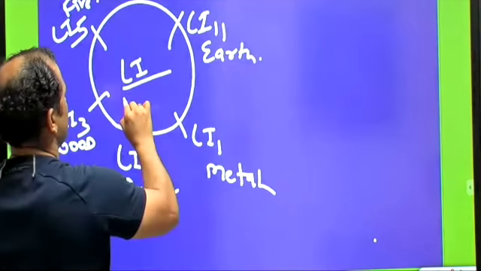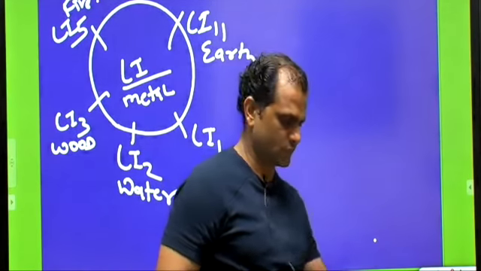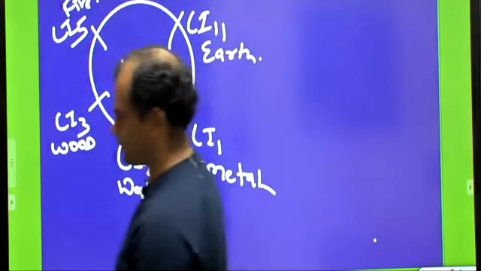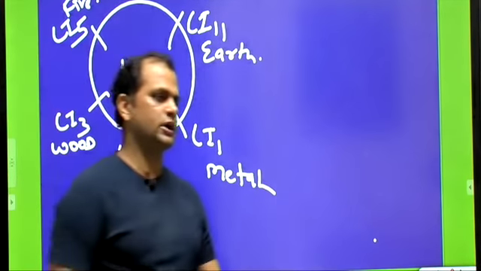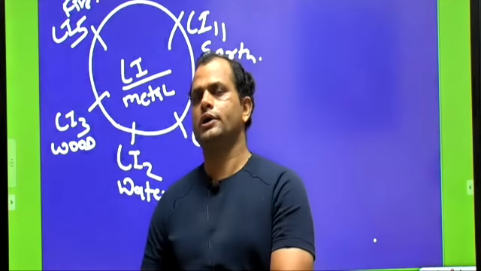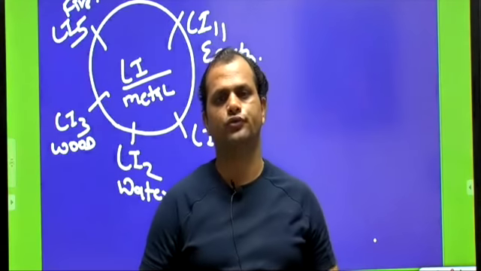If LI is the metal element, tell me, who will be the horary point? Because we know that with the help of the horary point, we receive energy during the organ clock time. When we start our organ clock, the timing of the lungs is morning 3 to 5.